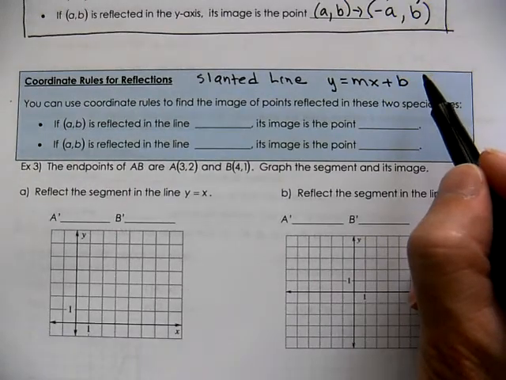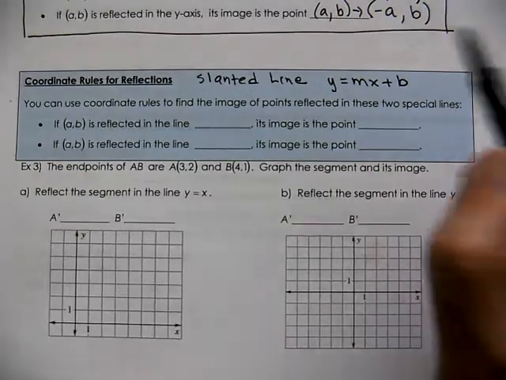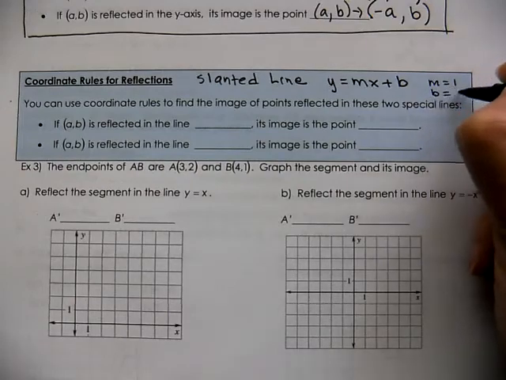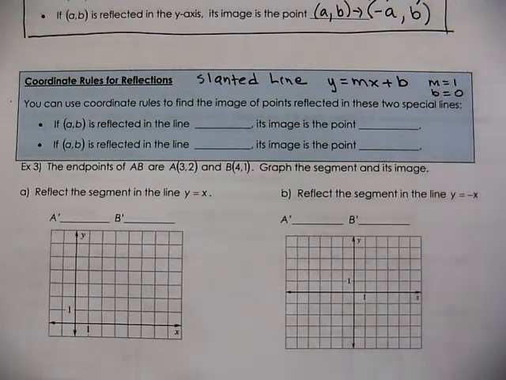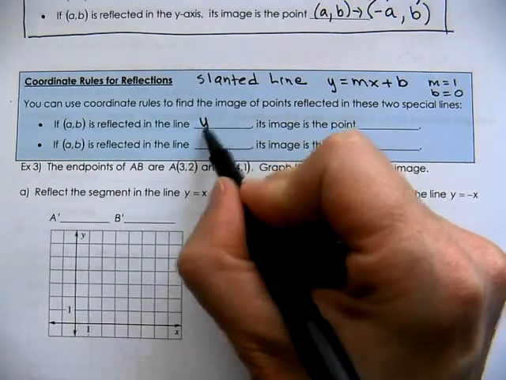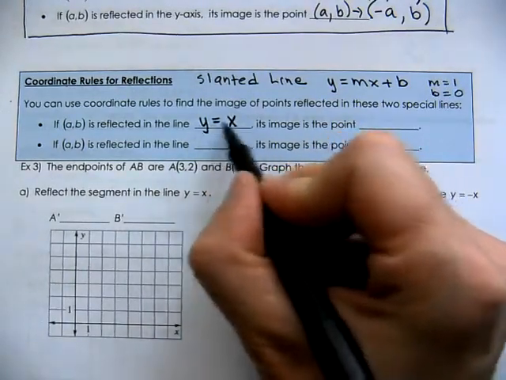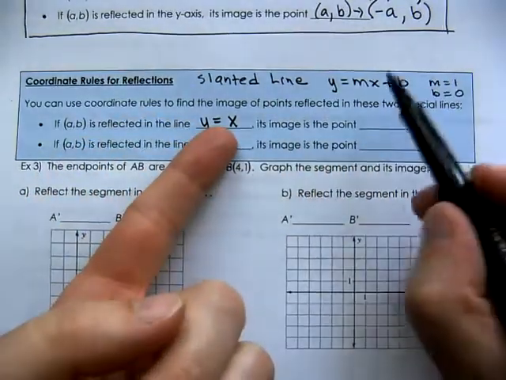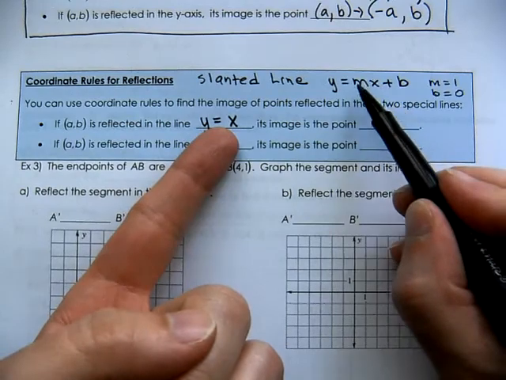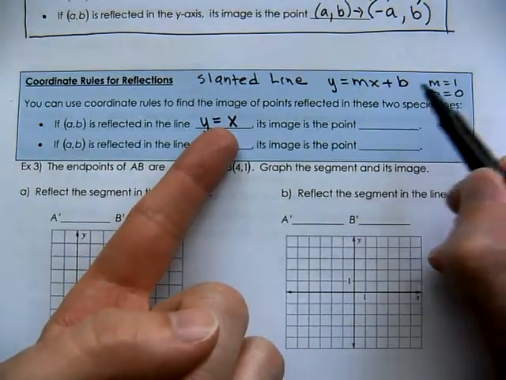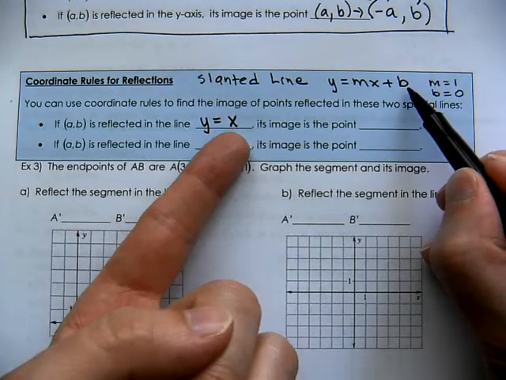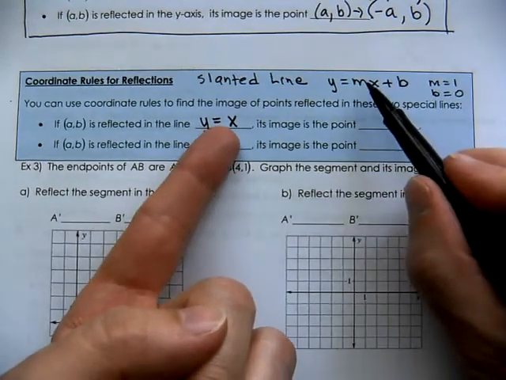Now, for the purposes of our reflections, we are only going to have a slope of 1 and a y-intercept of 0. What that means is the equations of our slanted line will look like this. Y equals x. That seems like a silly kind of way to write the equation of a line, but that's what you get when your slope is 1, because 1 times x is just x. And if the y-intercept is 0, then there's no number after the x. That means we will pass through the origin with a slope of 1.